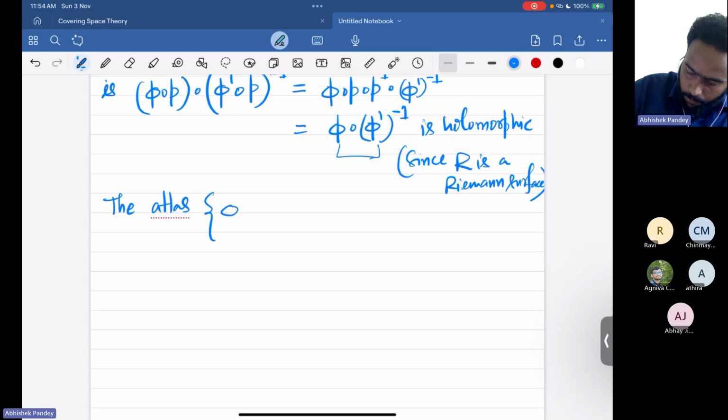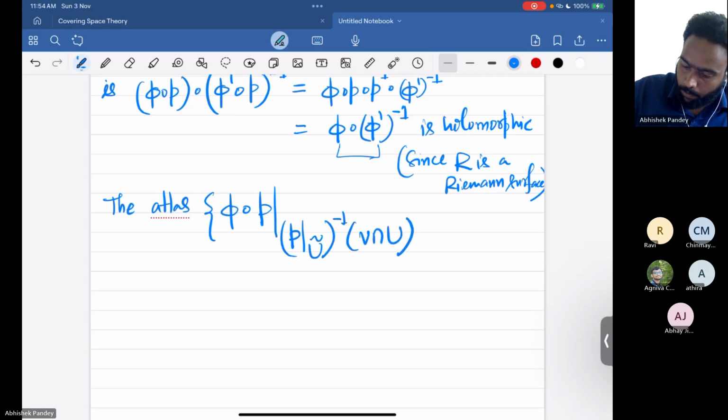This atlas phi composition, this map P. What is this map? So this is basically the restriction for this set. Still they belong to X. So this will be an atlas because the charts are compatible.